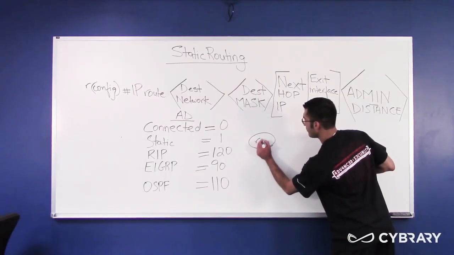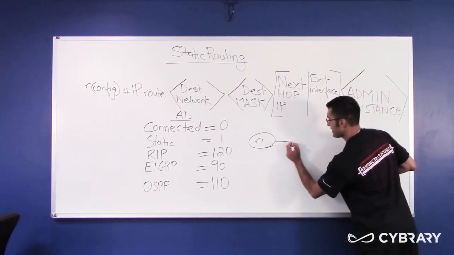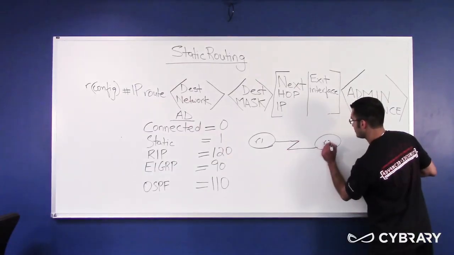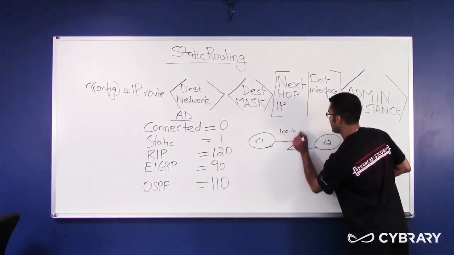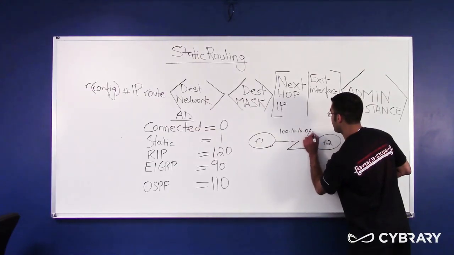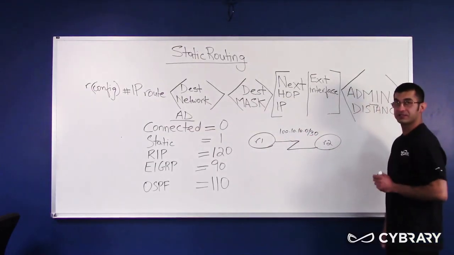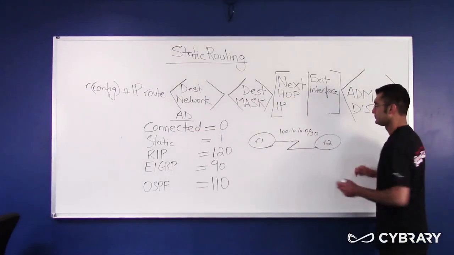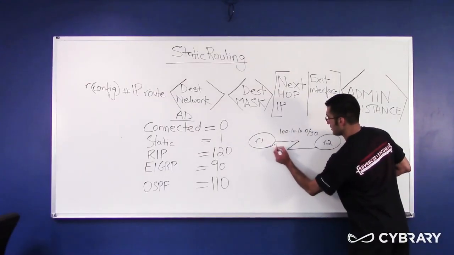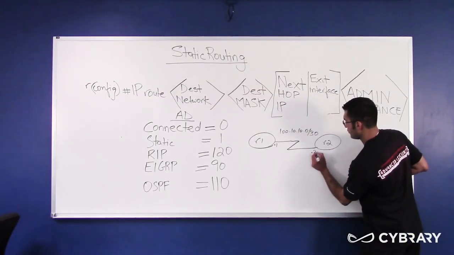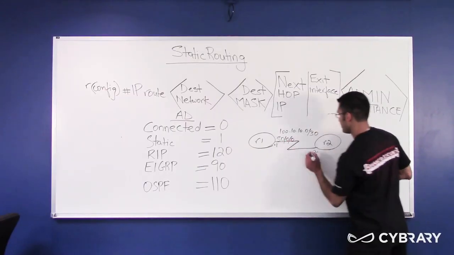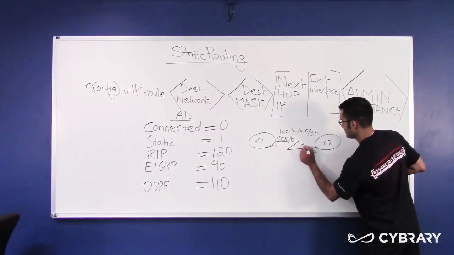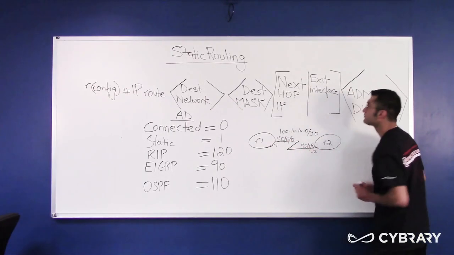Let's say this is router 1 and it is connected to router 2, and this network is 100.10.10.0/30. /30 because this is a point-to-point link. And router 1 is .1 and router 2 is .2, and the interface is serial 0/0/0, and this guy is serial 0/1/0.